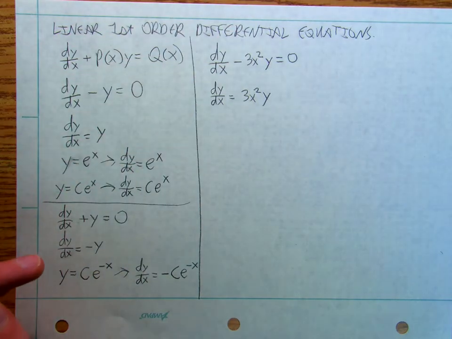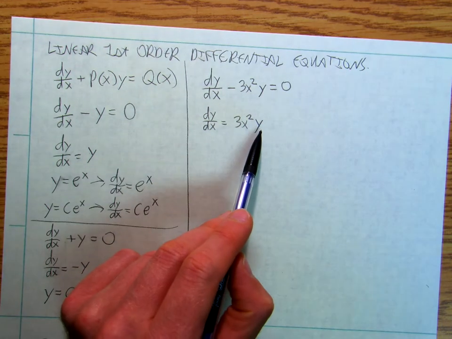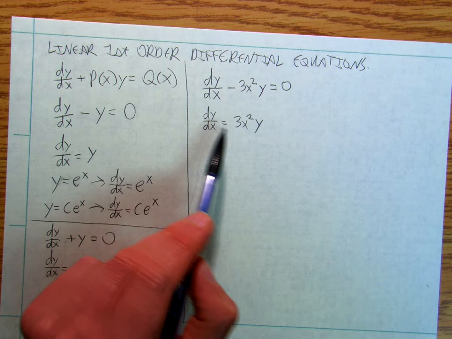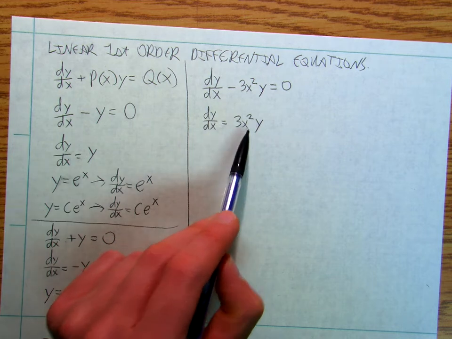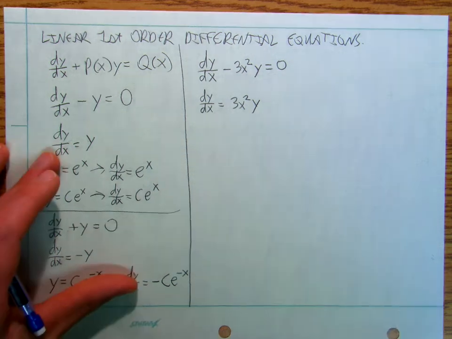So now the question is, what function, when I take the derivative of it, is going to give me back that function with a 3x squared out front? Let me just think about that one.